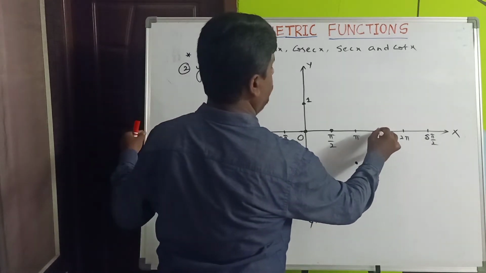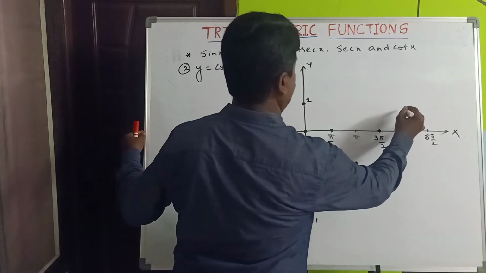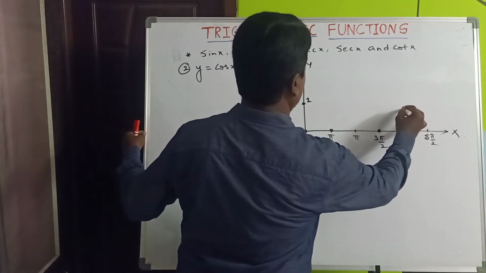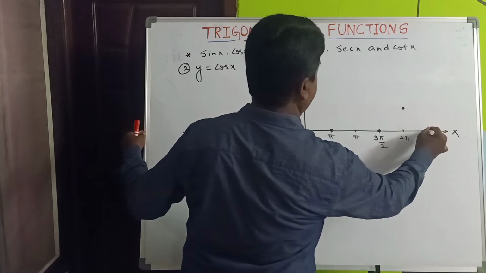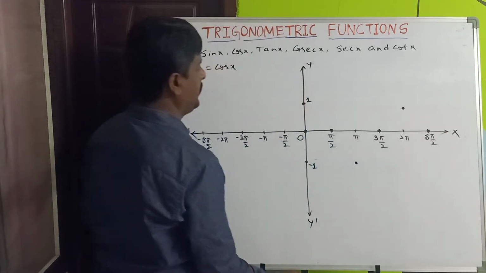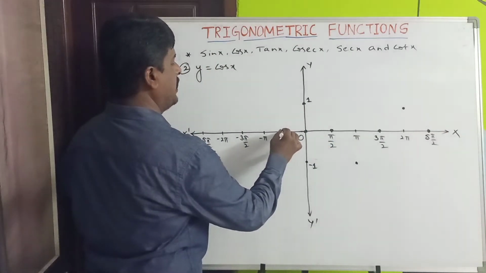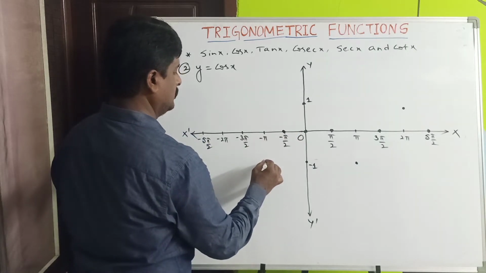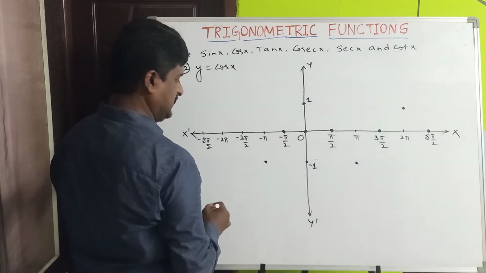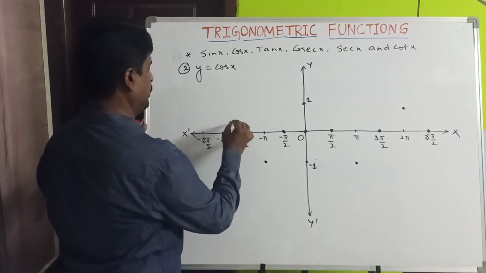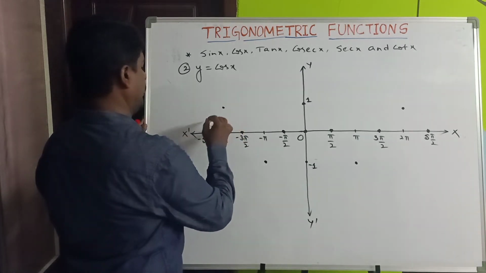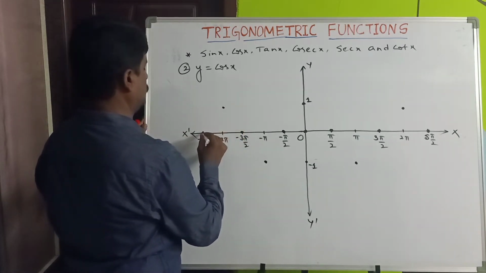X value 3 pi by 2, cos 3 pi by 2 is 0. X value 2 pi, cos 2 pi is 1. Again 5 pi by 2, 0. So this is 1, 0, -1, 0.